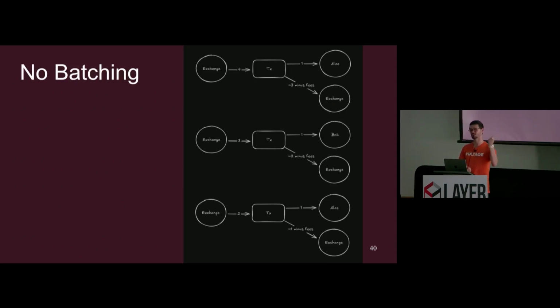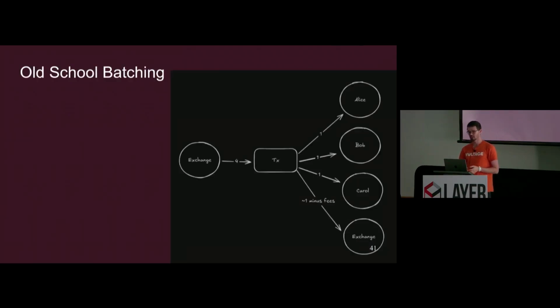And we might just create a transaction for every request. That's obviously very wasteful. So one way to improve over that is to do batching. In this case, let's say the exchange has a 4 Bitcoin UTXO, and Alice, Bob, and Carol want to withdraw from the exchange.